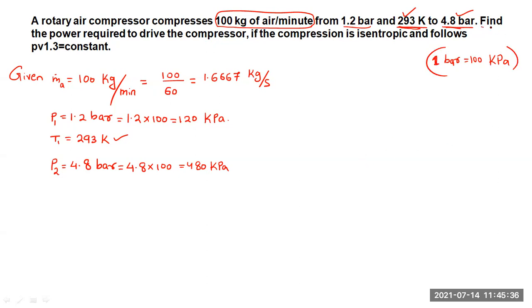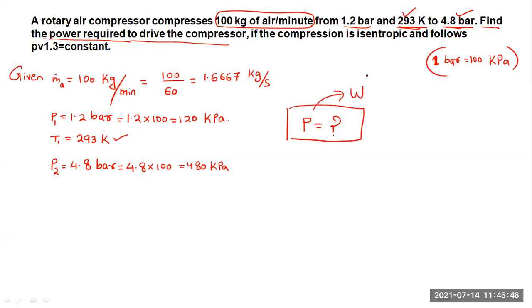Next, find the power required to drive the compressor. Power is nothing but work done per second, and this we have to calculate if the compression is isentropic. The compression process follows PV to the power 1.3 equal to constant.